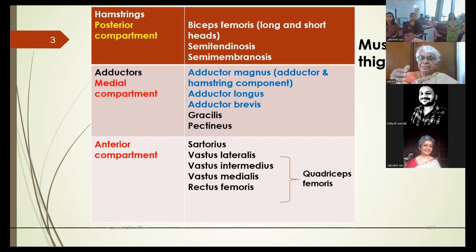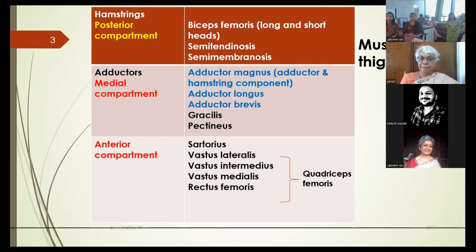It's the adductor magnus, which has an adductor and a hamstring part. The hamstring part is innervated by the tibial division of the sciatic nerve, and the adductor part by the obturator nerve. Then we also have the adductor longus, adductor brevis, the gracilis, and the pectineus.